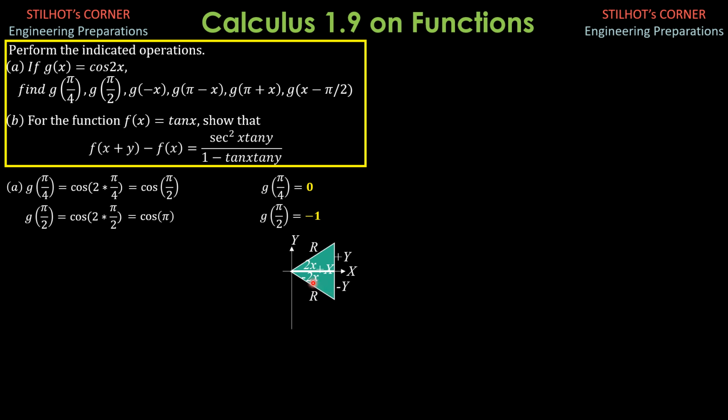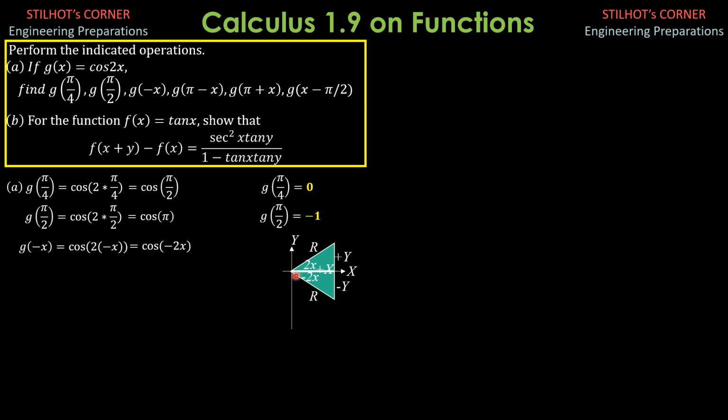So you can understand it here by this explanation that g of negative x is cosine of 2 times negative x, and it becomes cosine of negative 2x, and it is in the fourth quadrant.